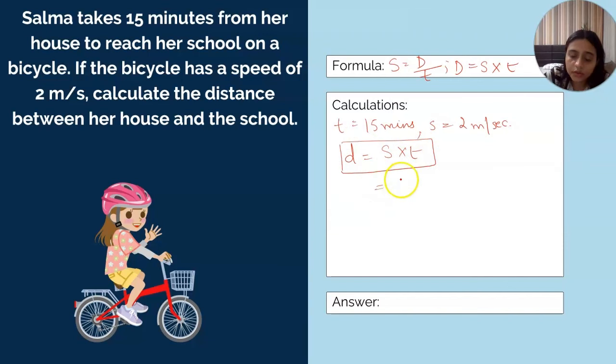So you already know that speed is given like 2 multiplied by 15. So you will get the answer 30 meter per second. All right. So this was this question. Now we will see the next question.